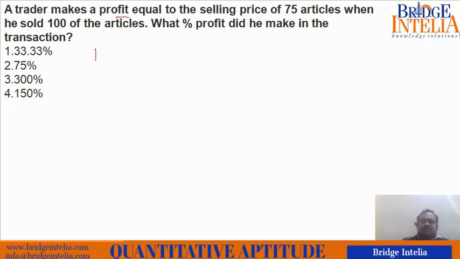So it is given clearly that this is a case of profit. The profit is expressed in terms of something. It is said to us that profit is equal to selling price of 75 objects.